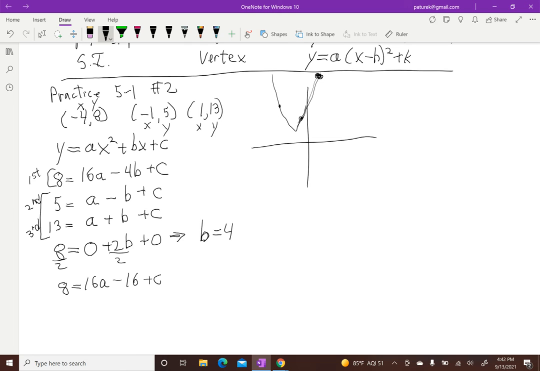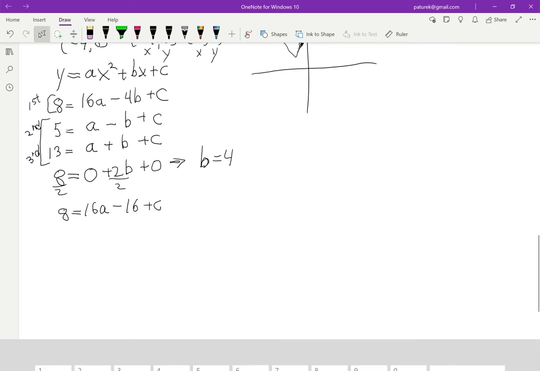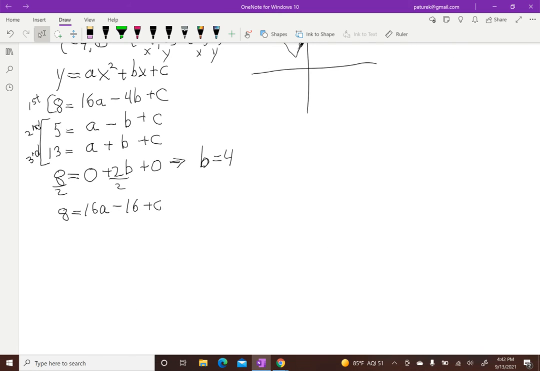Now when I add 16 to both sides, this is going to become 24 is equal to 16 times a plus c. So there's the first equation with b equals 4 inserted into it, like terms combined and simplified.